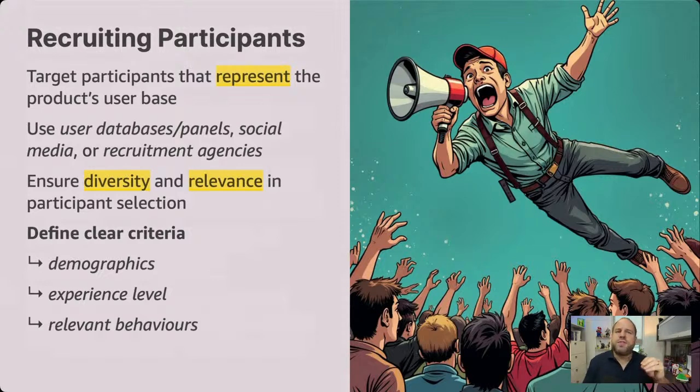And you want to define very clear criteria for how you select participants: demographic factors, user experience levels, or skill levels, or specific behaviors that are relevant for your study. All of these are important features to do the selection at the beginning. So good recruitment makes sure that you have accurate and actionable research findings at the end. So it all starts with getting the right participants so that you can say the things that you want to say.